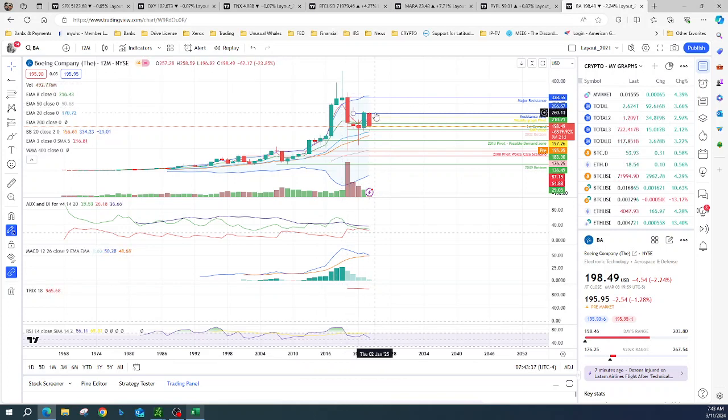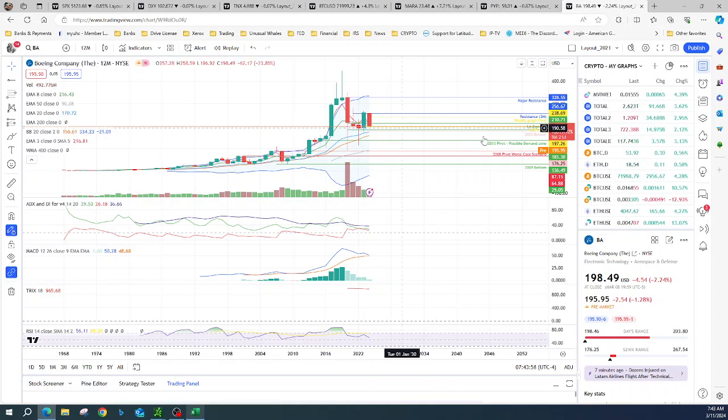Boeing is clearly in a downtrend. I bought Boeing and I closed Boeing, and I bought the bottom, and I sold the bounce, and I left Boeing. I am seeing Boeing trying to backtest some support.